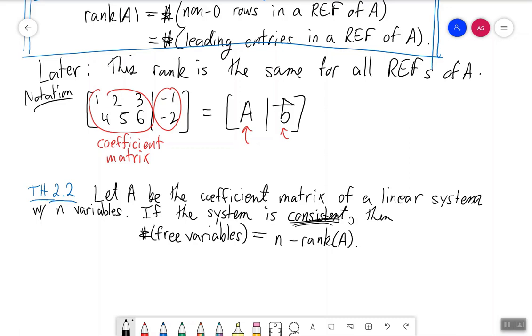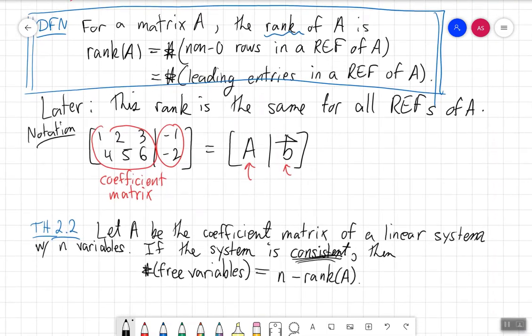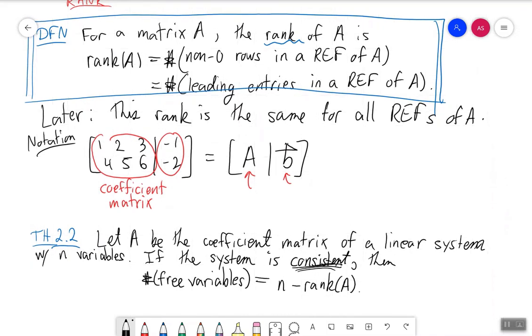There's not really anything to prove there, because really that's the definition of free variables. Well, there are a total of n variables, and we know that the rank is the number of leading entries or leading variables, and the remainder is the free variables.